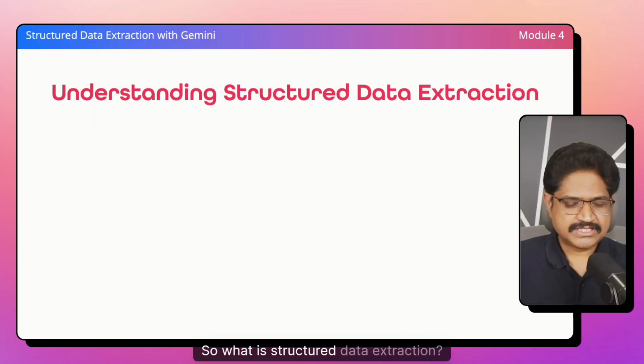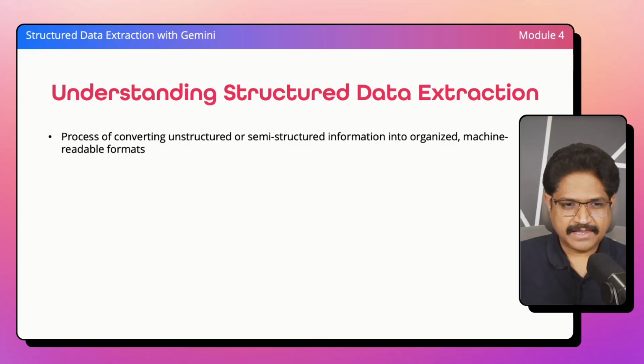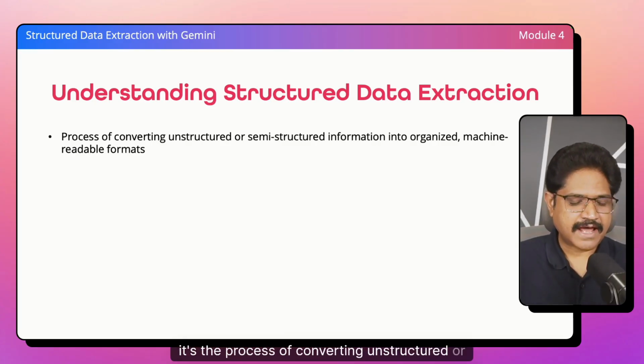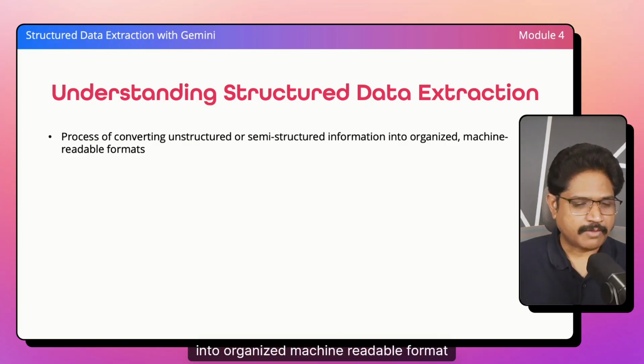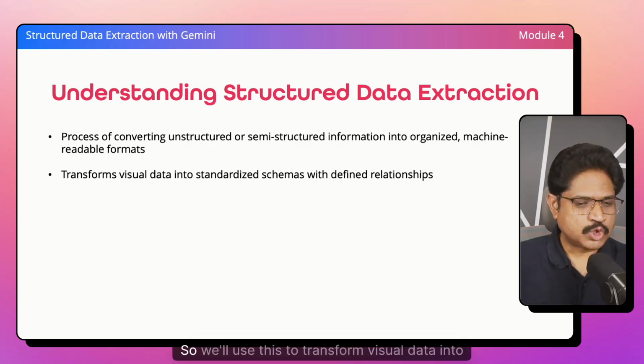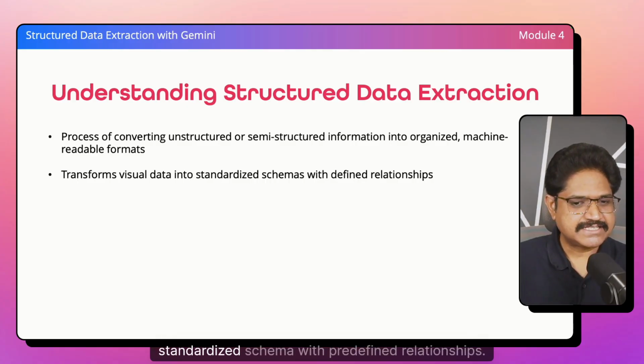So what is structured data extraction? Well, it's the process of converting unstructured or semi-structured information into an organized machine-readable format, such as JSON, XML, CSV, or even a native Python class. So we'll use this to transform visual data into a standardized schema with predefined relationships.